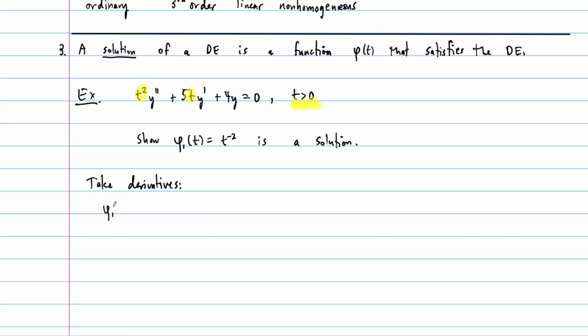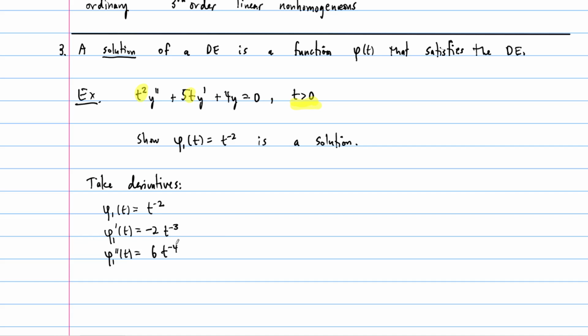I'm going to call this phi1 of t, equal to t to the minus 2 power. Then phi1 prime, take the derivative: minus 2t to the minus 3 power. And then phi1 double prime of t is going to be 6t to the minus 4 power.